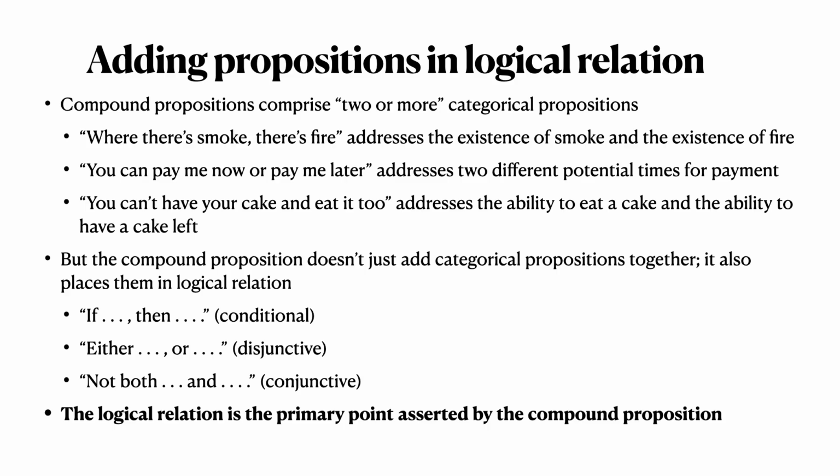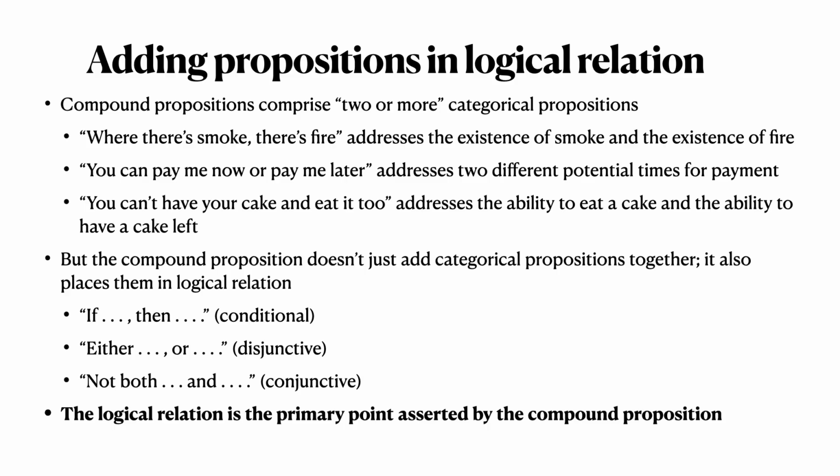None of that is the main point. What I'm actually asserting is that there is a conditional relationship between the existence of smoke and the existence of fire. I'm saying, for example, that the only way to get smoke is through fire, right? So if there's smoke, there must be a fire someplace.